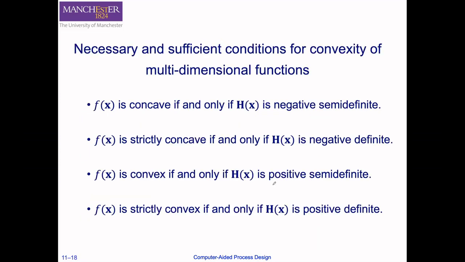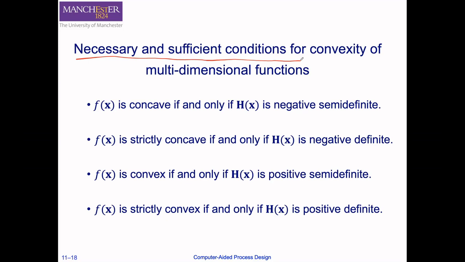Now we can present the necessary and sufficient conditions that can be used to determine if a multivariable function is convex or concave. In these conditions, we use the Hessian matrix of this multivariable function. We have a multivariable function f(x).